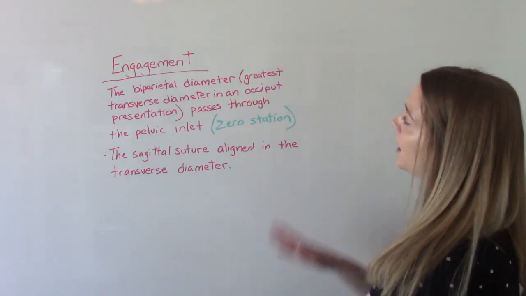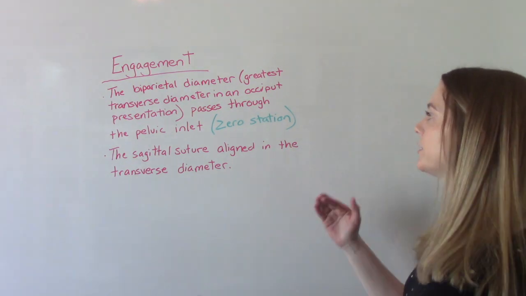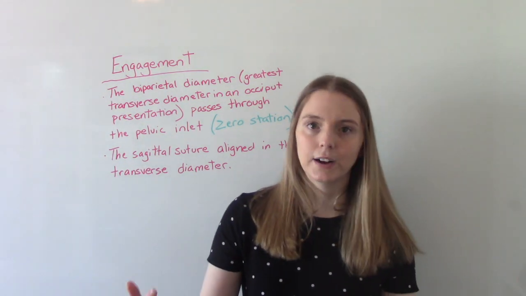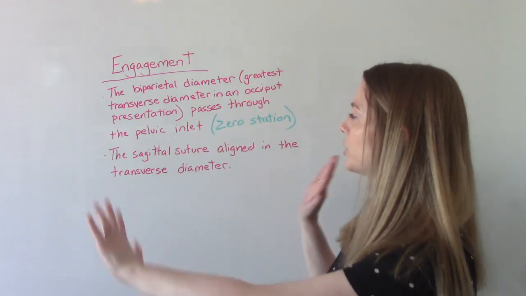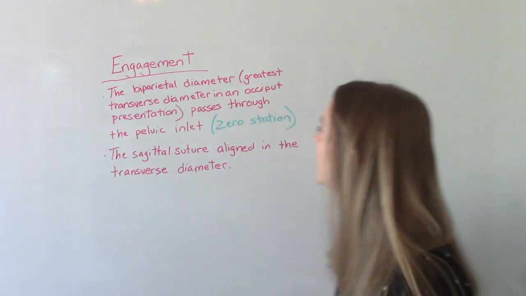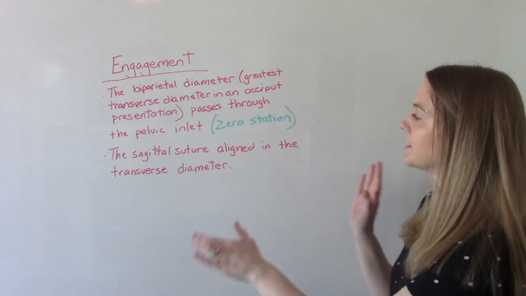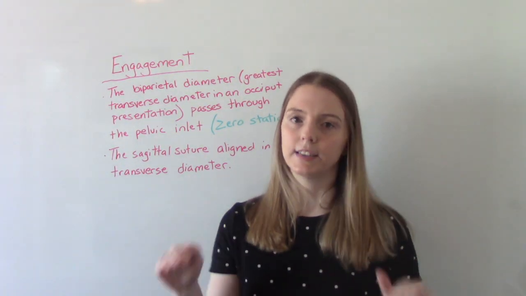This is when the biparietal diameter, which is the greatest transverse diameter in occiput presentation, so the head, passes through the pelvic inlet. We're just going to be thinking about baby's head down because most babies are head down. This is roughly 0 station.